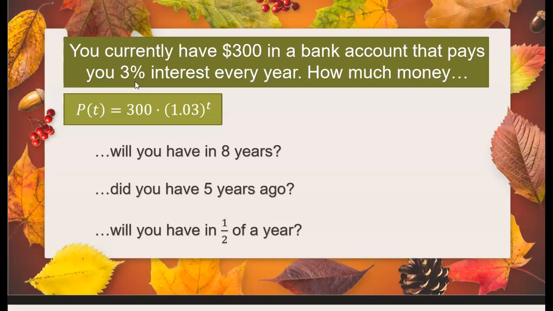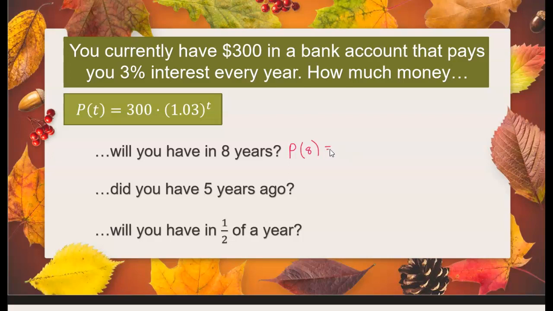So how much money will you have in 8 years? How do you figure that out? Well, 8 means that that's the amount of time, so that's the number we're going to put in for t.